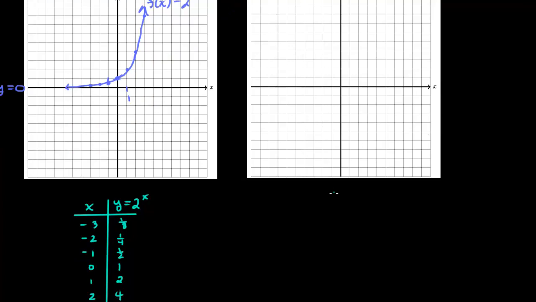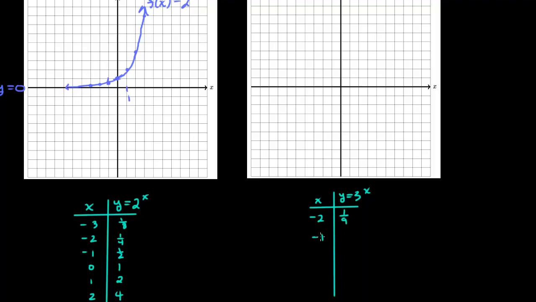So again, we make a table of values. This will be x, and this is y is equal to 3 to the power of x. When x is negative 2, 3 to the power of negative 2 is just 1 over 9.